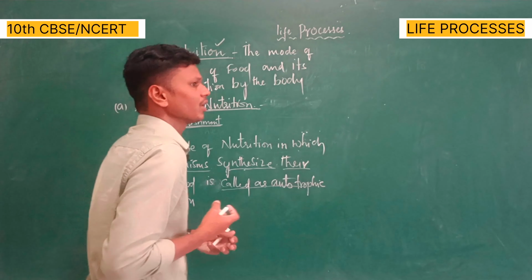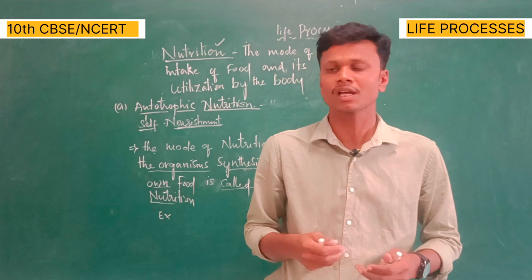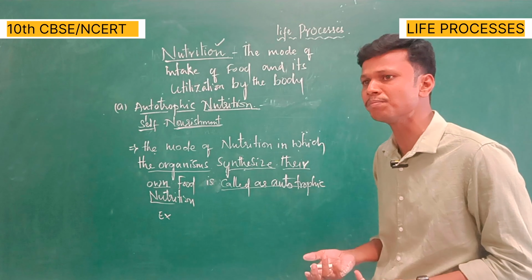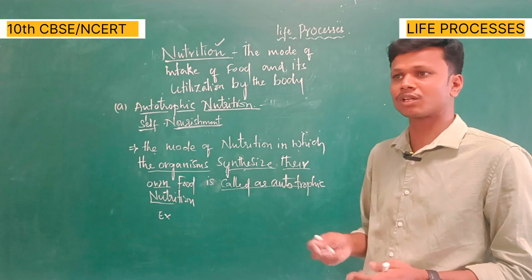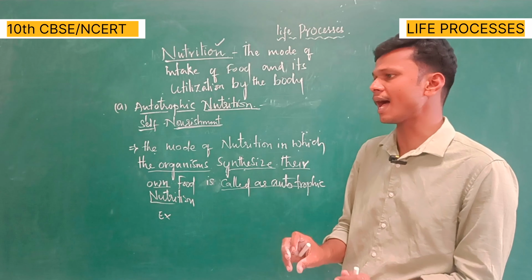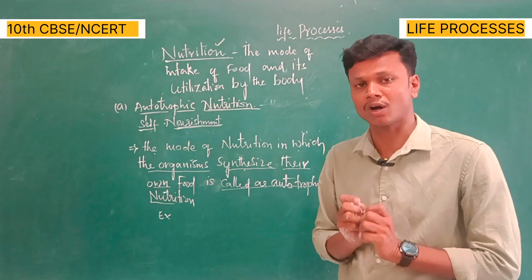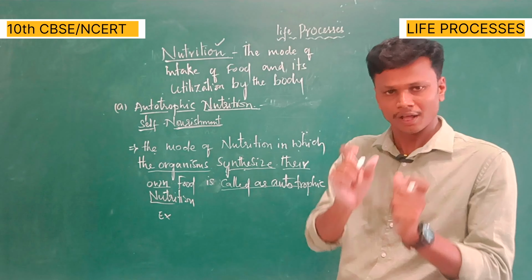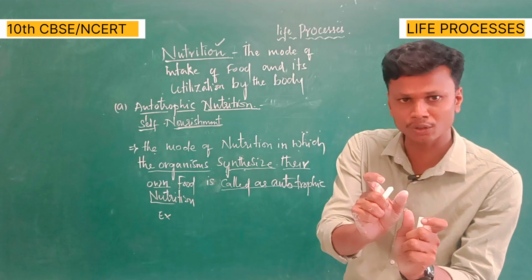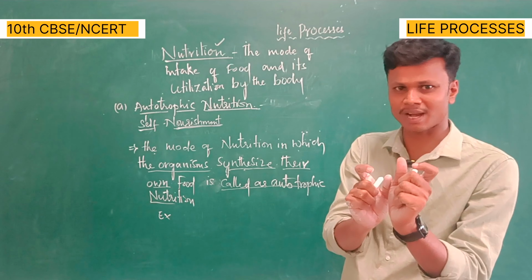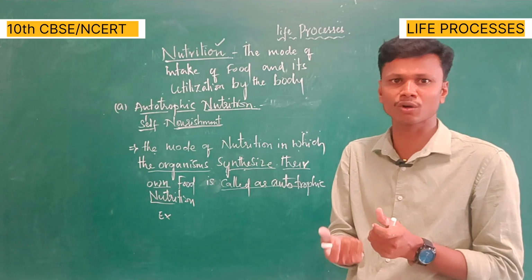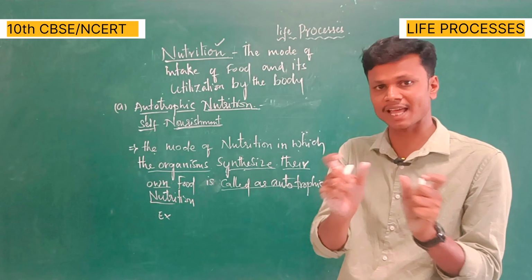Children, what you have to focus on is that they will not ask what autotrophic nutrition is, because it is a very simple question that everyone will answer. Instead, they will ask the difference between autotrophic nutrition and heterotrophic nutrition, or the difference between heterotrophic nutrition and parasitic nutrition. Parasite is also one of the heterotrophic modes, but still they will ask for the exact differences.